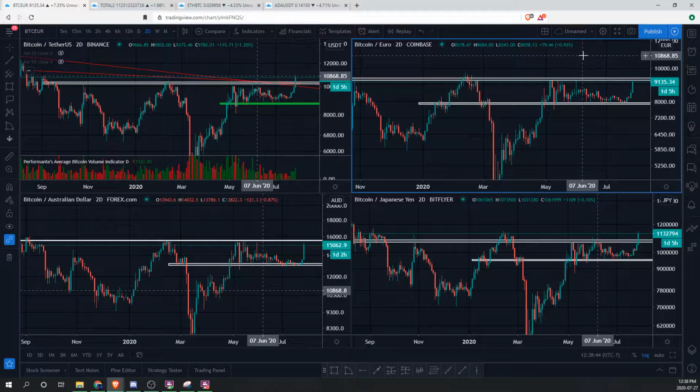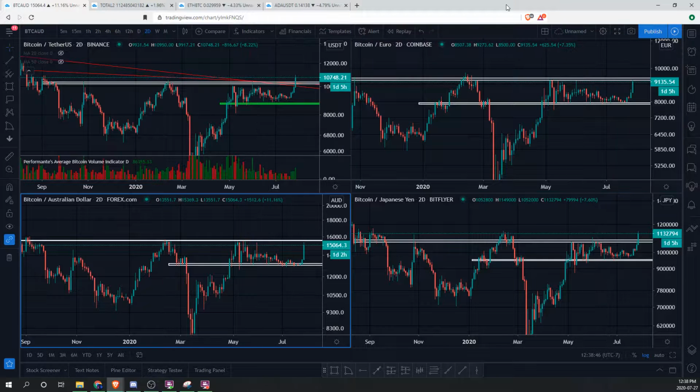But we don't see that on Euro and Australian dollar, right? And why is that? It's because we see Euro and Australian dollar stronger than the US dollar right now by a substantial amount. So it's good to get an understanding of what Bitcoin is doing, not just with the United States dollar, but with other currencies. So I'm definitely calling a breakout on BTC at this point.